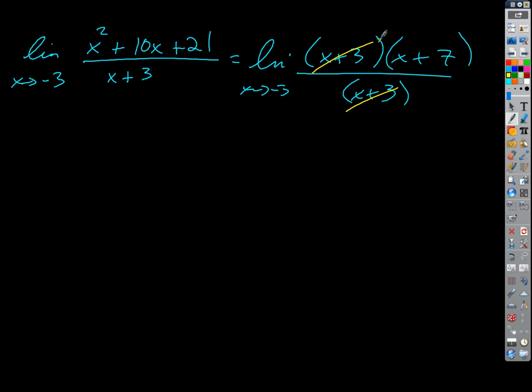We can't ask what the value of the function is, because the function doesn't exist. We filled in the hole, so we can. Make sense? Now when we take the limit as x goes to -3, the answer is 4.